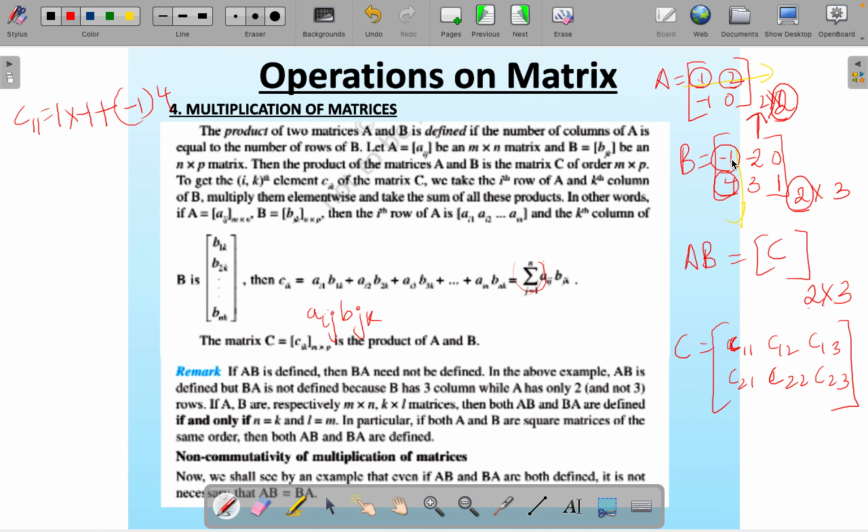So this into this plus this into this. Okay, first row, first column.